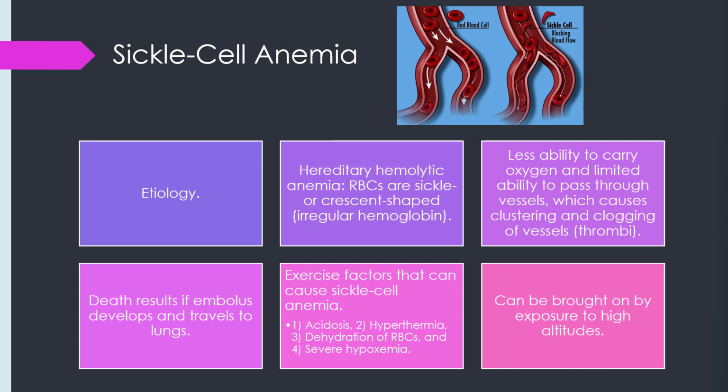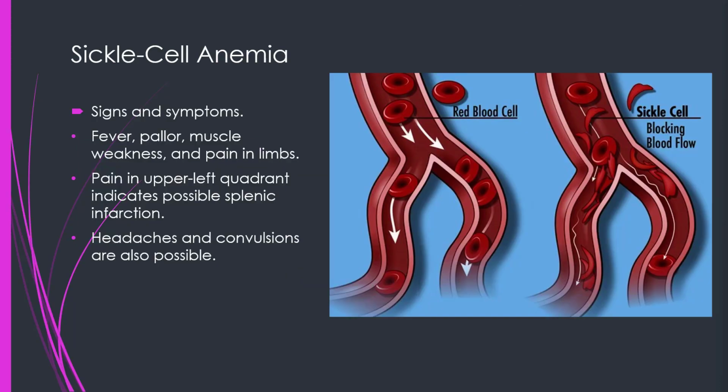Exercise factors that can cause sickle cell anemia: acidosis, hyperthermia, dehydration of red blood cells, and severe hypoxemia. This can be brought on by exposure to high altitudes as well. Signs and symptoms of sickle cell anemia include fever, pallor, which is a whitening or blanching of the skin, muscle weakness, and pain in the limbs.